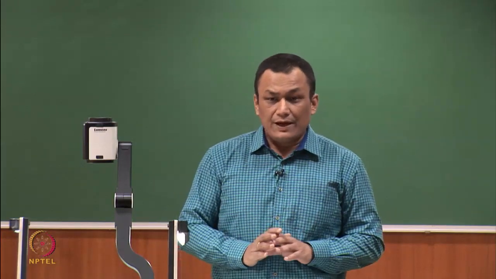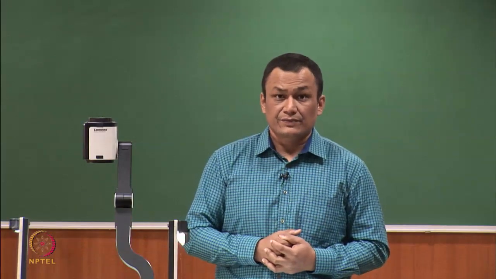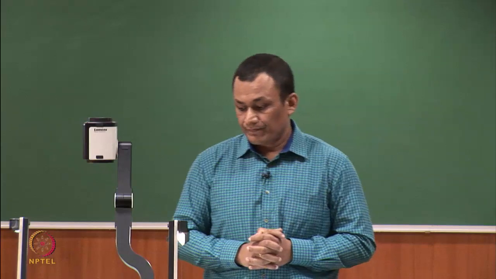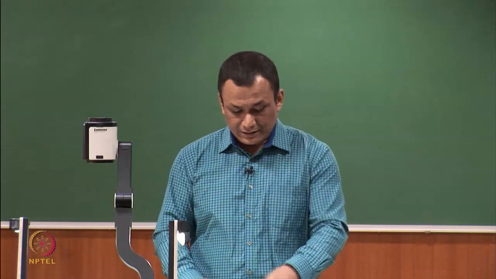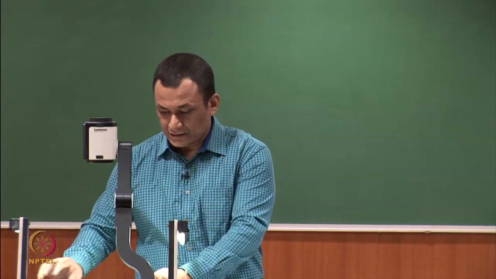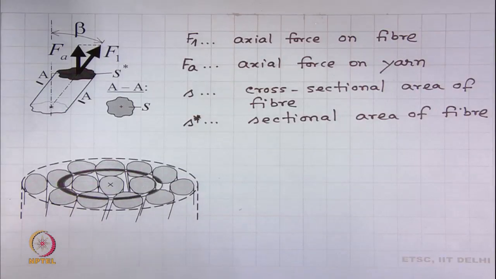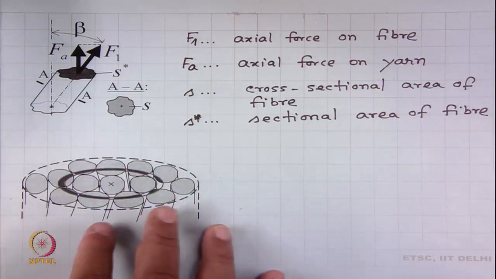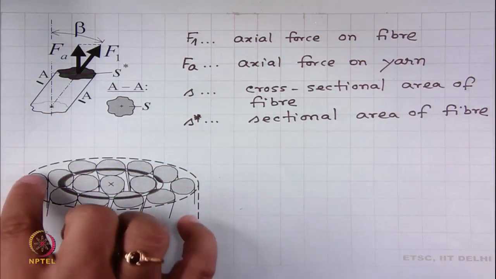So, now we have to find out the total axial stress or total axial force developed in yarn. For that purpose, we come back to this drawing. What we see here? A cylindrical yarn, circular cross section is shown here, lot of fibers are present here.